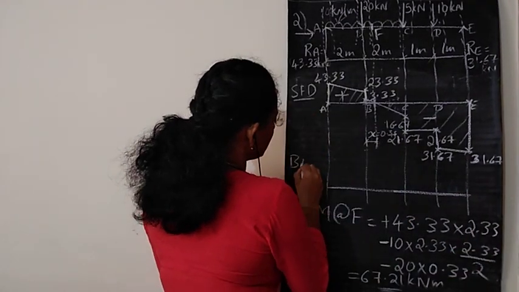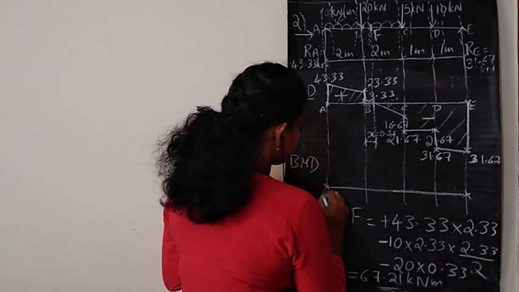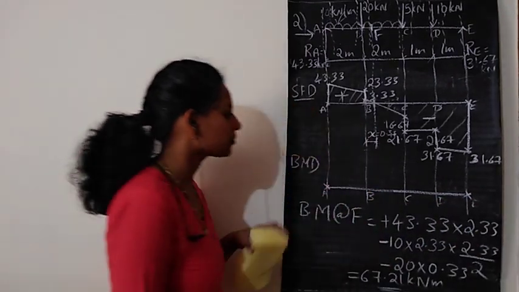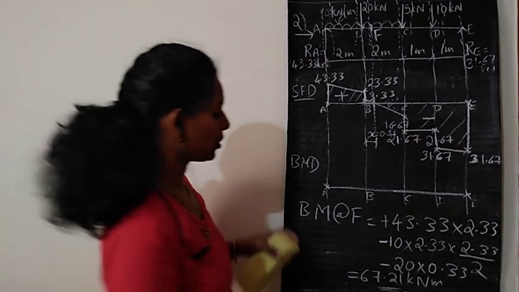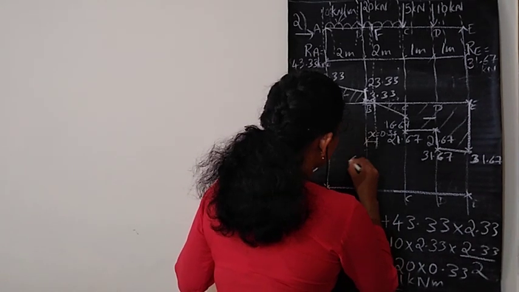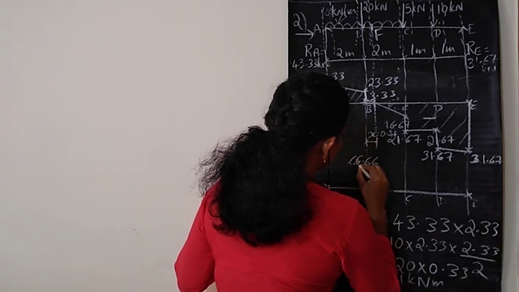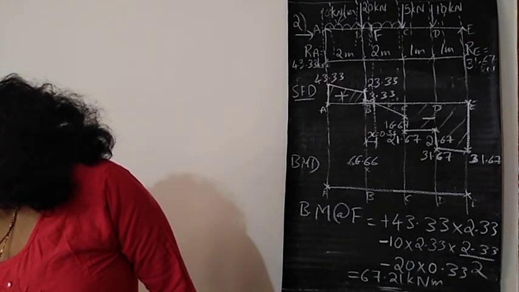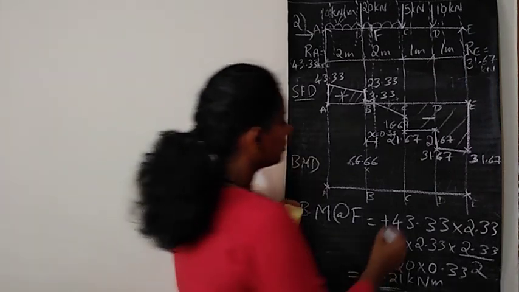Okay. Now mark all the points. So this will be a BMD diagram. At A and E is 0. Okay. At point B, bending moment at B is 66.66 kilonewton meter. At point C is 53.34.